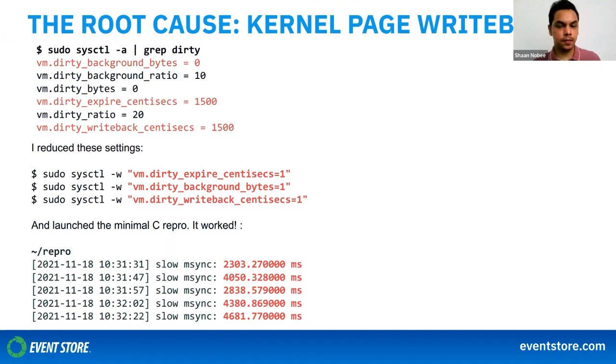So basically, the Linux kernel periodically writes dirty pages, that is, pages that have been modified but not yet written back to disk. So the kernel would periodically write these pages based on some thresholds back to the disk.